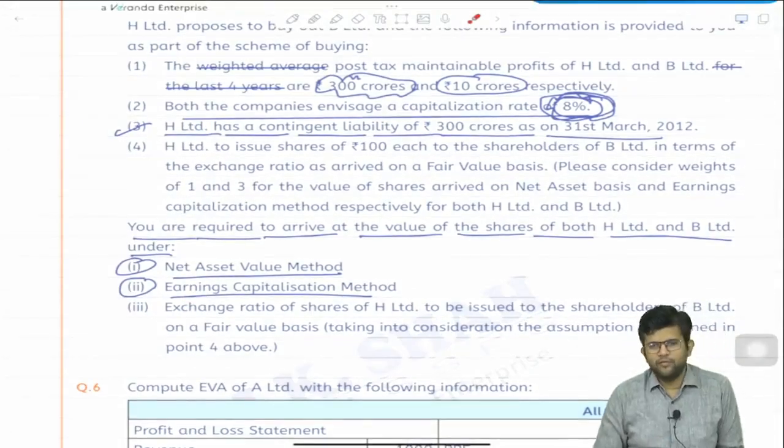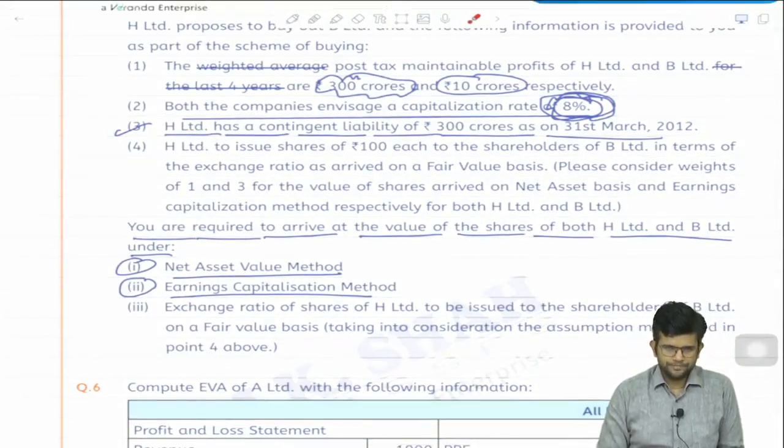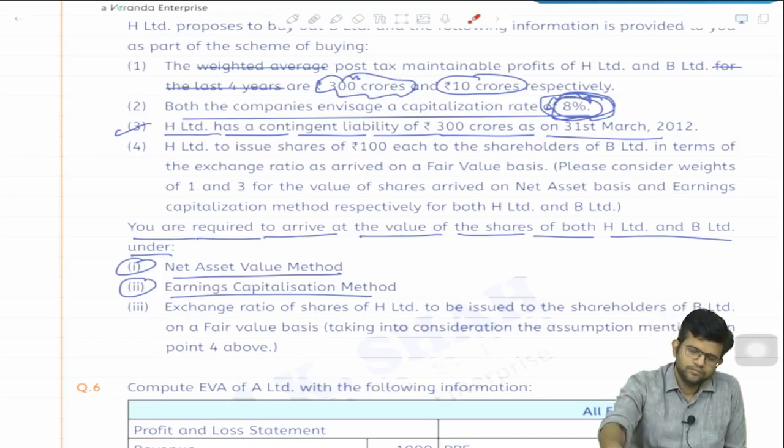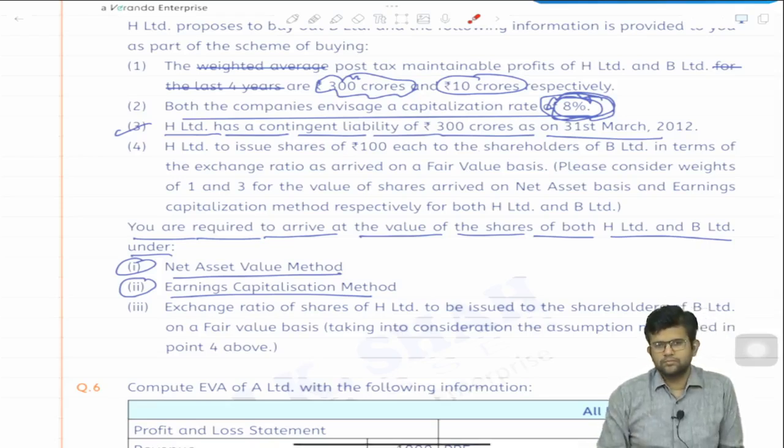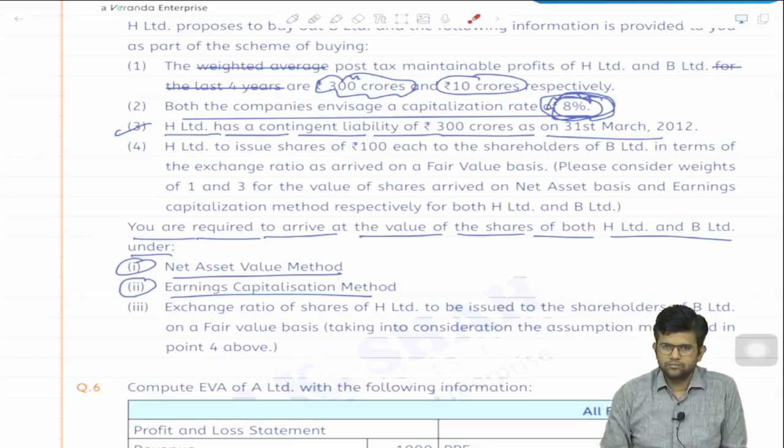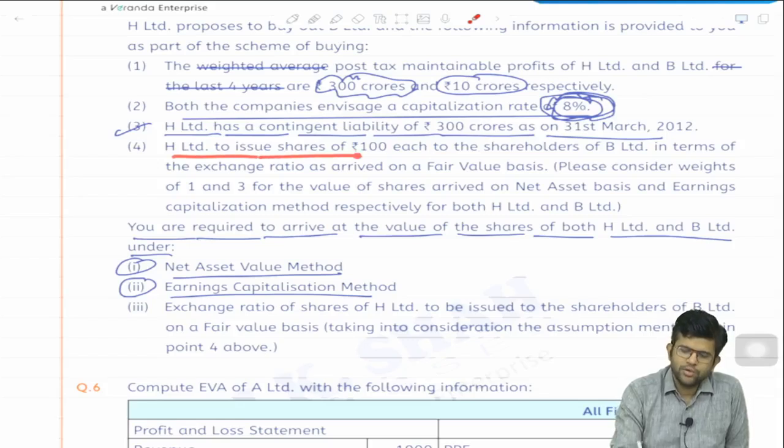Now read point number 4. They are saying H to issue shares to B in terms of exchange ratio.